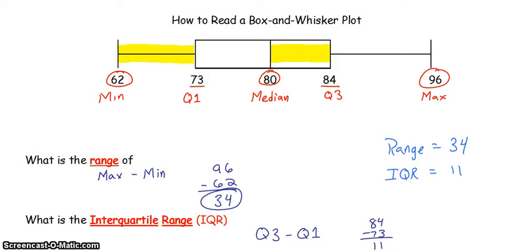What's true about each of these sections is that if we looked at the data set in whole, approximately 25% of your data would fall in between the minimum and Q1. Approximately 25% of your data would fall between Q1 and the median, 25% here, and 25% here.